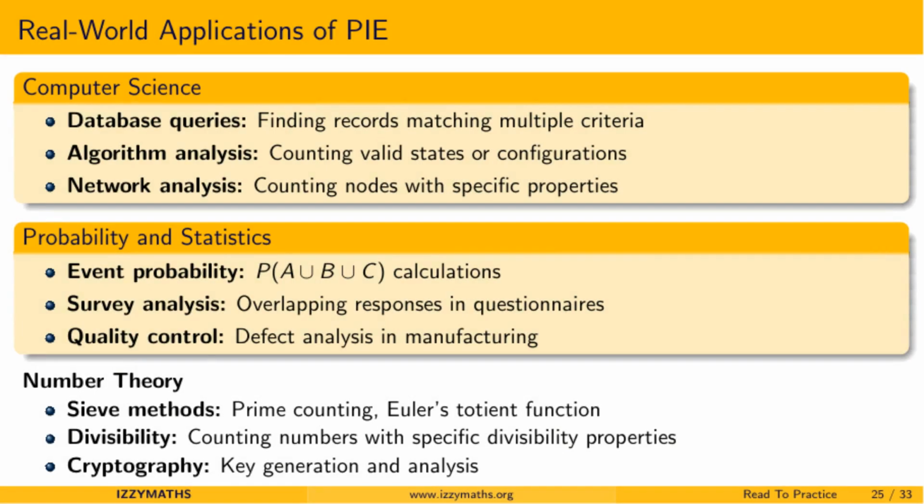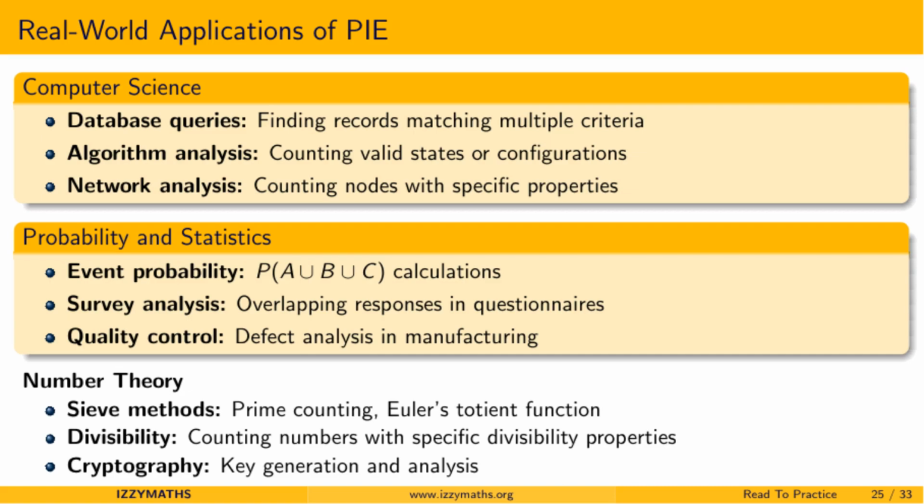The principle of inclusion-exclusion has extensive real-world applications across multiple fields. In computer science, it's used for database queries when finding records matching multiple criteria, algorithm analysis for counting valid states or configurations, and network analysis for counting nodes with specific properties.